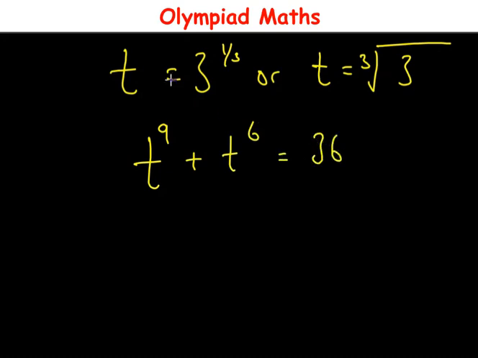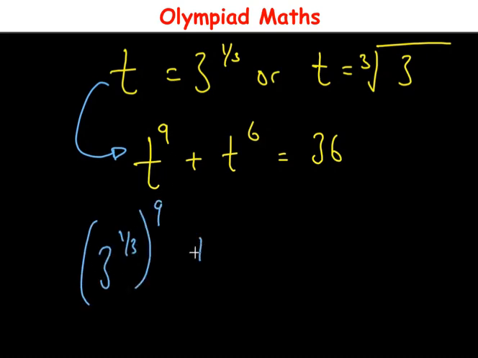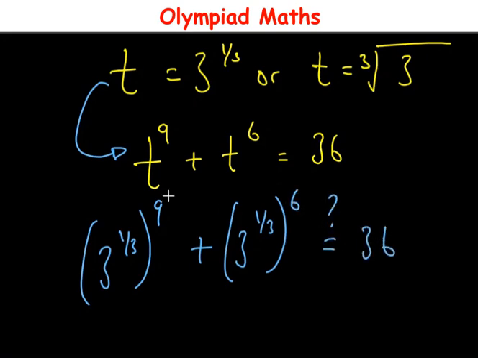Inputting the value of t, we have in brackets 3 raised to power 1 over 3, all raised to power 9, plus in brackets 3 raised to power 1 over 3, all raised to power 6, does this equal 36?